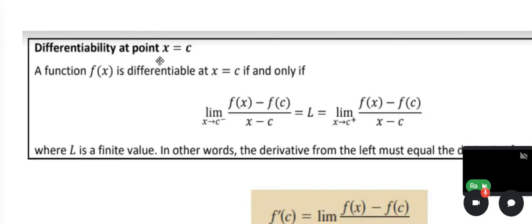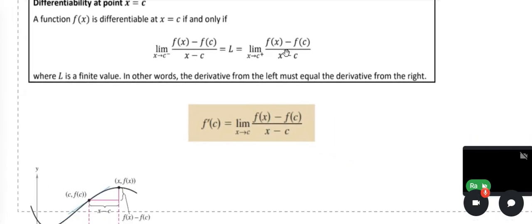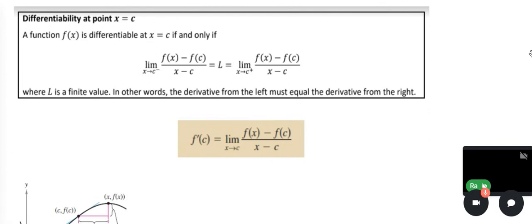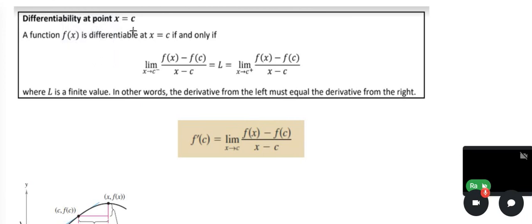Okay, so this is what I said is the mathematical definition of differentiability. It's more or less similar to the limit definitions. Differentiability at point x equal to c: a function f is differentiable at x equal to c if and only if, as I said before, this is the LHD, left hand derivative, and this is the RHD.